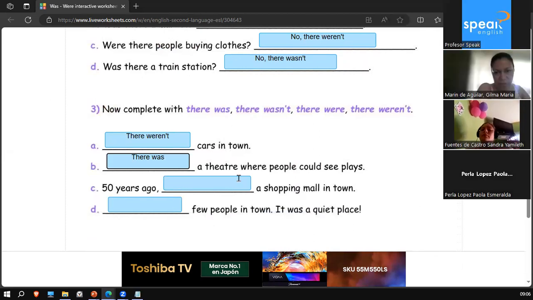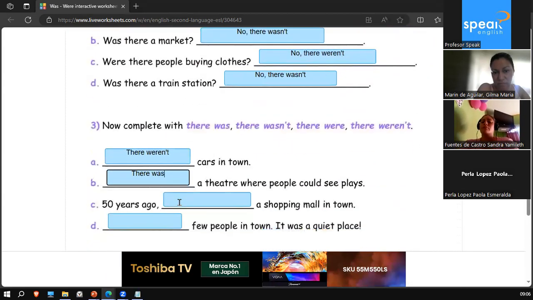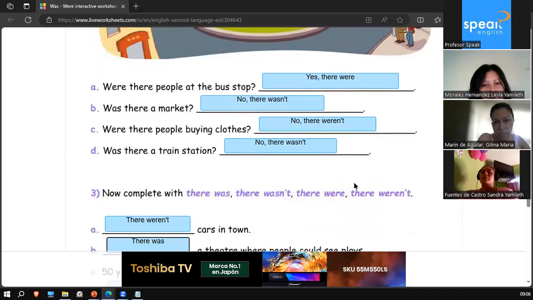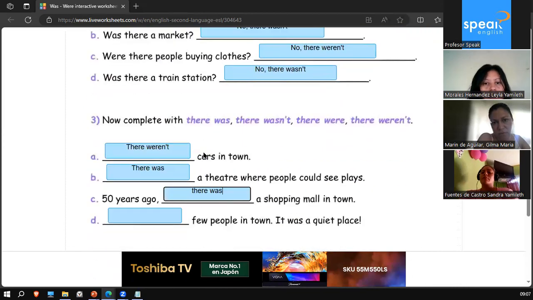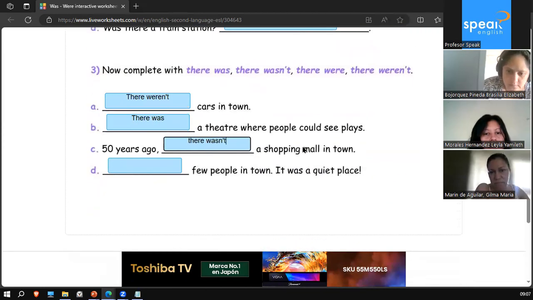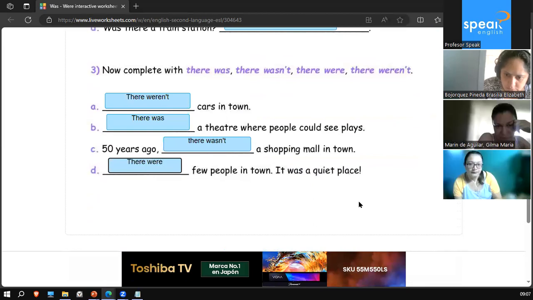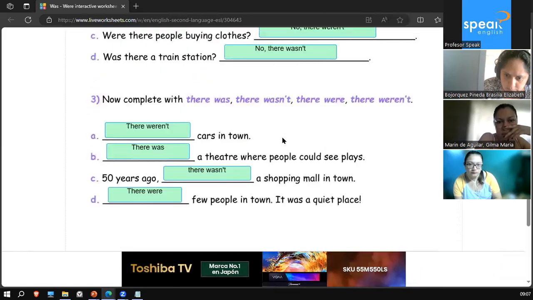There was a shopping mall in town. No. There wasn't. Pues no, es que no parece que hay un shopping mall, ¿verdad? There wasn't a shopping mall in town. And the last one. There were few people. Vamos a ver cómo los toma si no los acepta así.